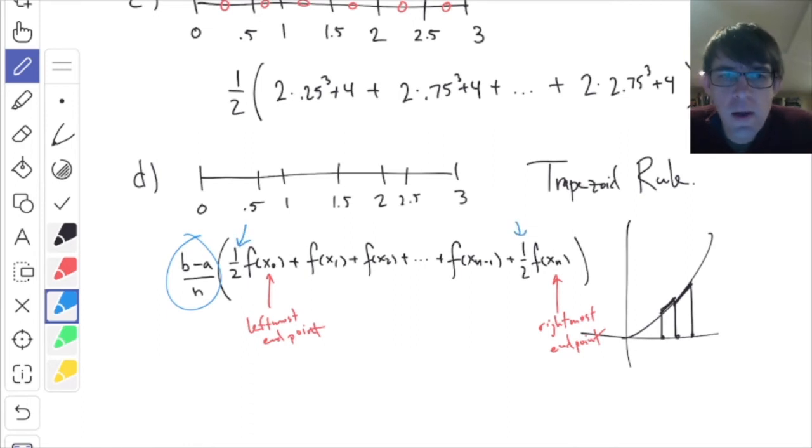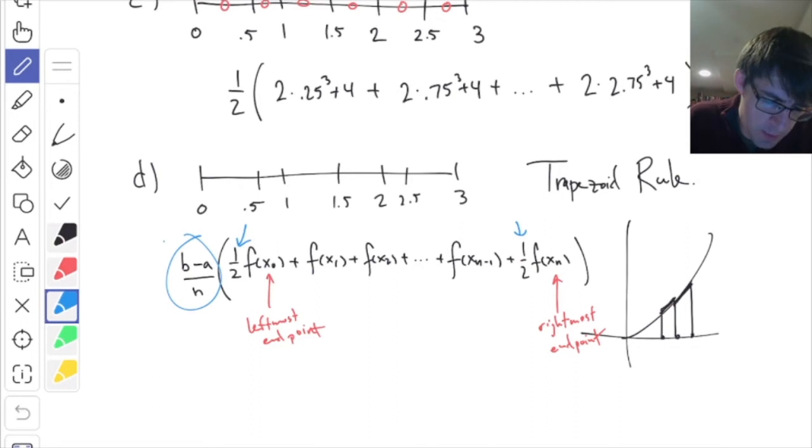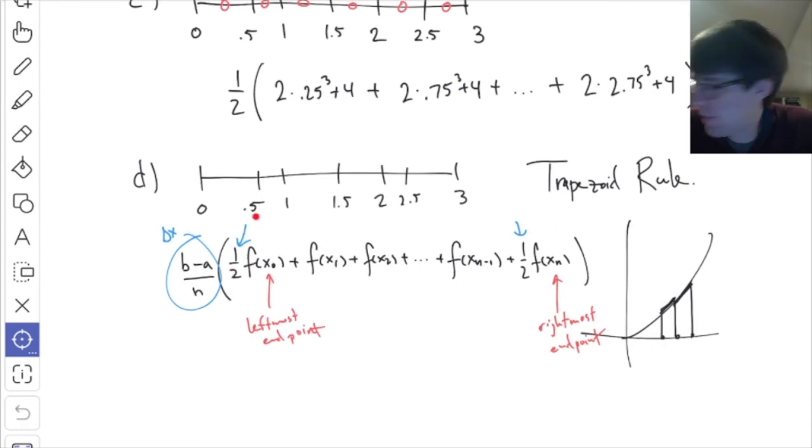This is very much like doing the right endpoint or the left endpoint rectangles, but this b minus a over n, of course, is the same as delta x on the outside. The only difference really is these 1/2s here, 1/2 here, 1/2 here, and you use all the points.